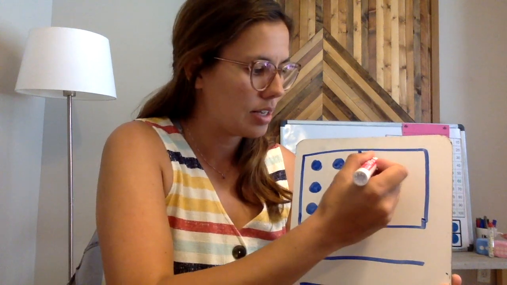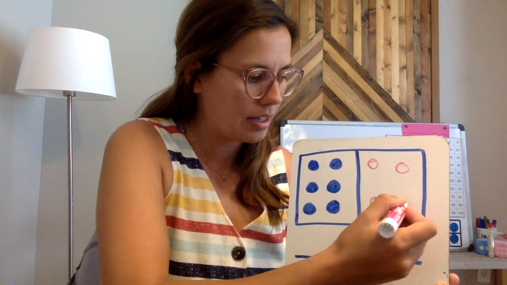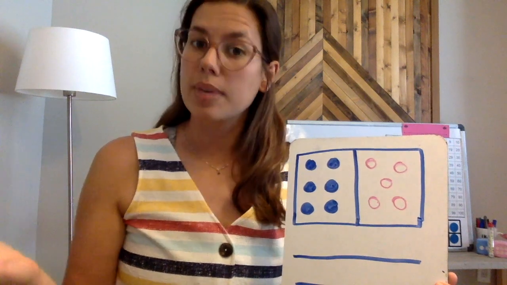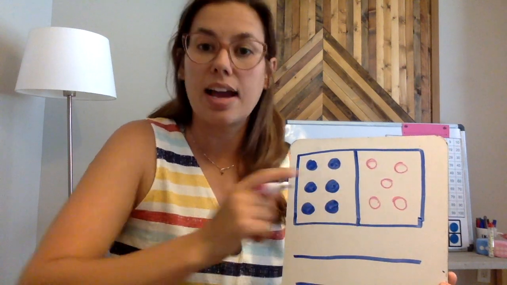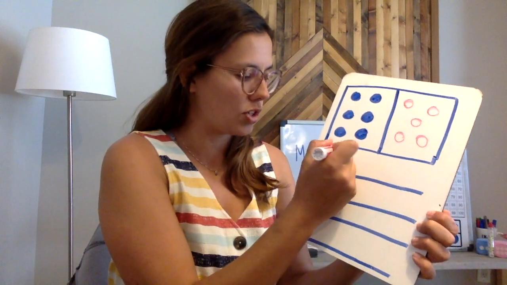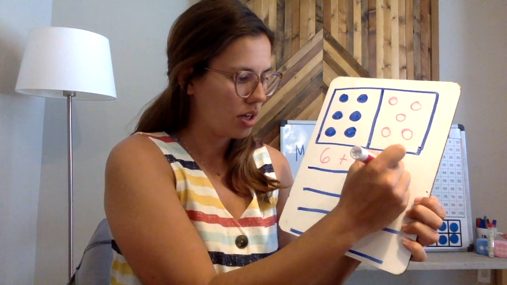I'm going to count 7, 8, 9, 10, 11. And 11 is where I want to stop because that's our goal number. So 6 plus, I see I drew 5 dots, equals 11. So that's going to be my first equation. 6 plus 5 equals 11.